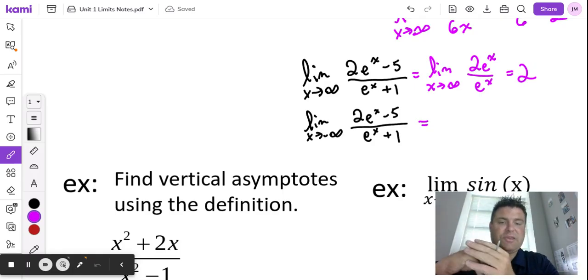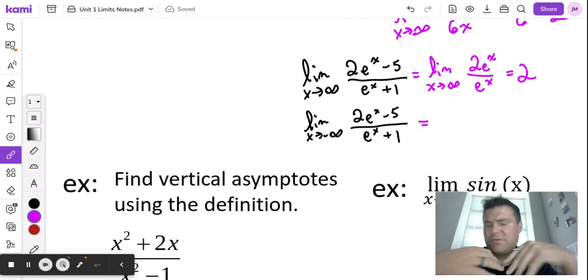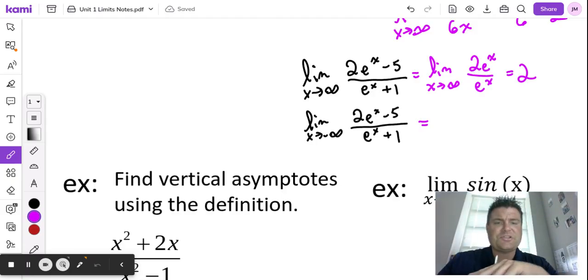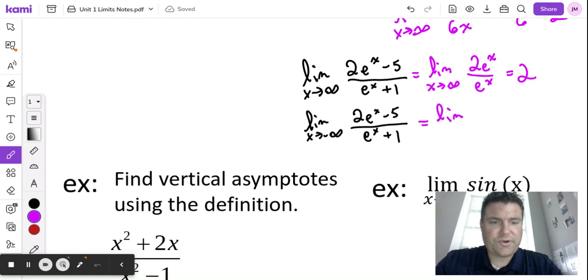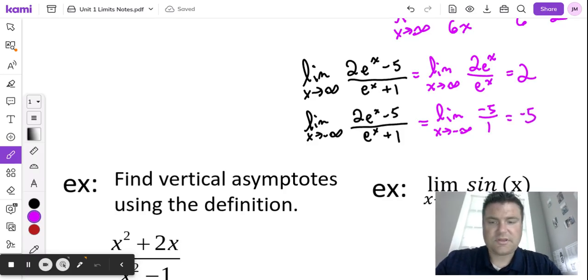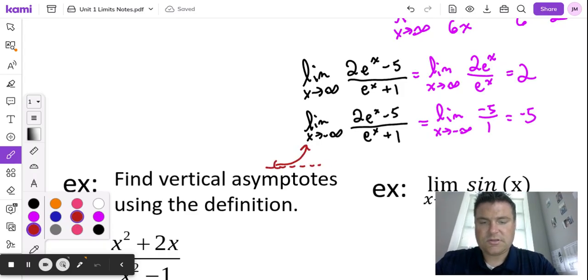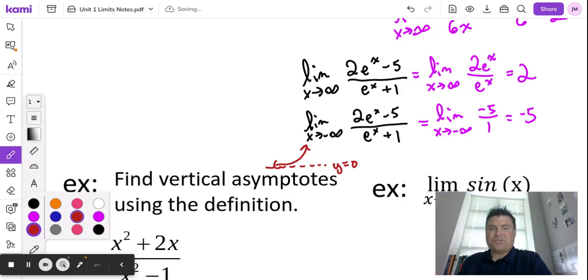So as we plug in a really, really large negative number, like negative billion, negative trillion, that's going to knock out the first term, and that negative 5 is still going to be standing there. So as we go to negative infinity, this is going to be negative 5 over 1. Okay, why is that true? Well, the graph of an exponential has a horizontal line at y equals 0. So as we go further left, we're approaching 0.